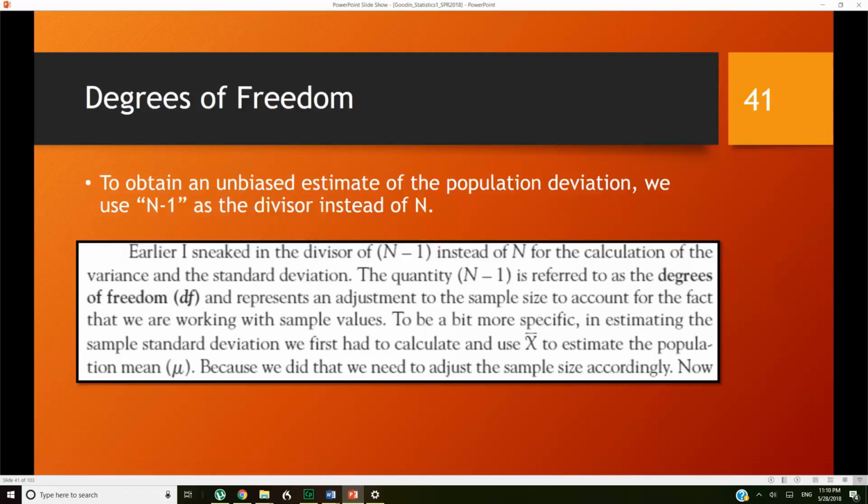That's pretty much the essence of degrees of freedom. To be a bit more specific in this situation, in estimating the sample standard deviation, we first had to calculate and use x bar, or the mean, to estimate the population mean, which is symbolized by mu. Because we did that, we need to adjust the sample size accordingly.